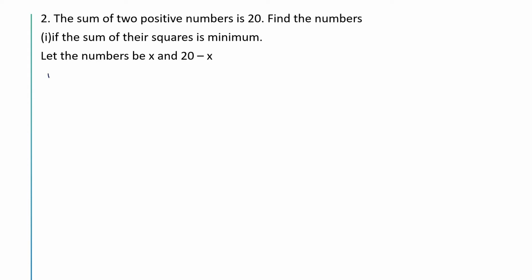Here we have to minimize, we have to find the minimum value of the sum. So to minimize, S is equal to x square plus 20 minus x the whole square. Now for this function we have to find the minimum value of x.